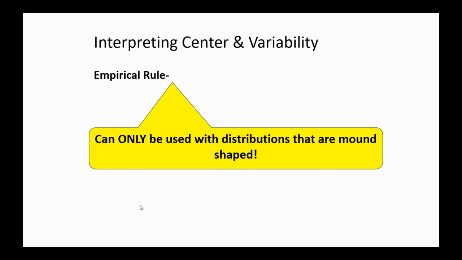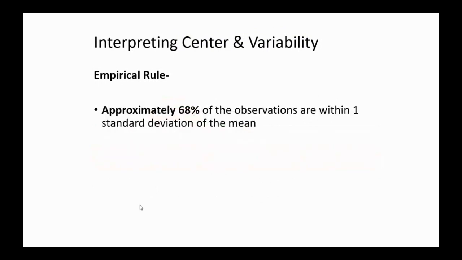Now notice the empirical rule can only be used with distributions that are mound shaped, meaning they're approximately normal and symmetric. So the empirical rule only works with approximately normal distributions. It says that approximately 68% of the observations are within one standard deviation.